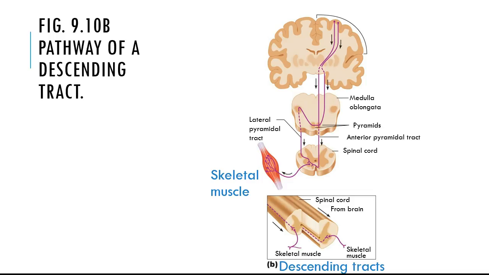So figure 9.10b reiterates that the frontal lobe gives us motor planning ability. Those commands have to come out of the frontal lobe, use these descending tracts of the spinal cord, and then activate a motor efferent nerve to allow for the physical reaction, movement, or whatever the case may be.